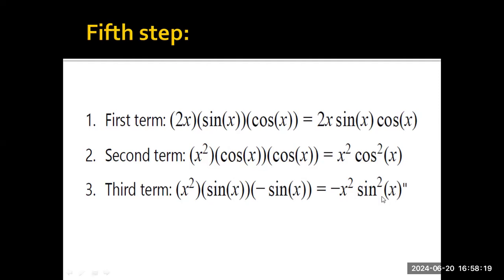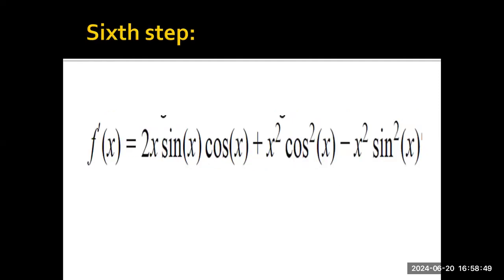And the negative sign here implies the factor -1. By virtue of the commutative property, -1 can be placed in front, beside x squared.